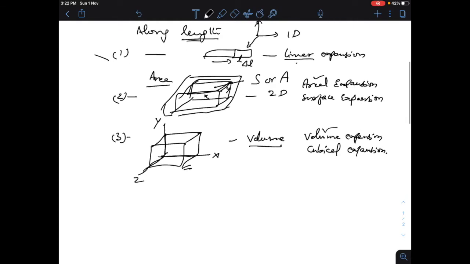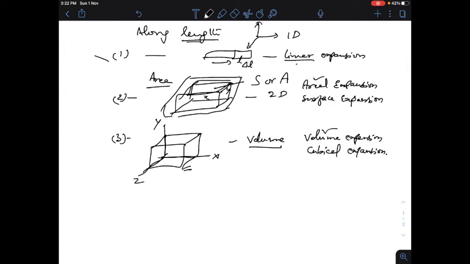Now let me define coefficient of these expansions. Coefficient of, let's say first, linear expansion.